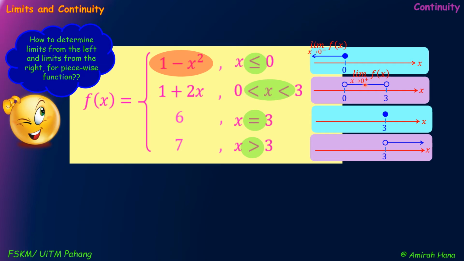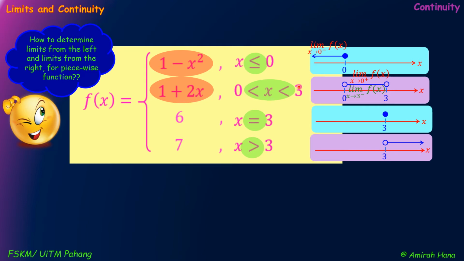So we can find limit x approaches 0 from the right of f(x), and at the same time 3 and then from the left. So we can find limit x approaches 3 from the left of f(x) using the same function, which is 1 plus 2x.